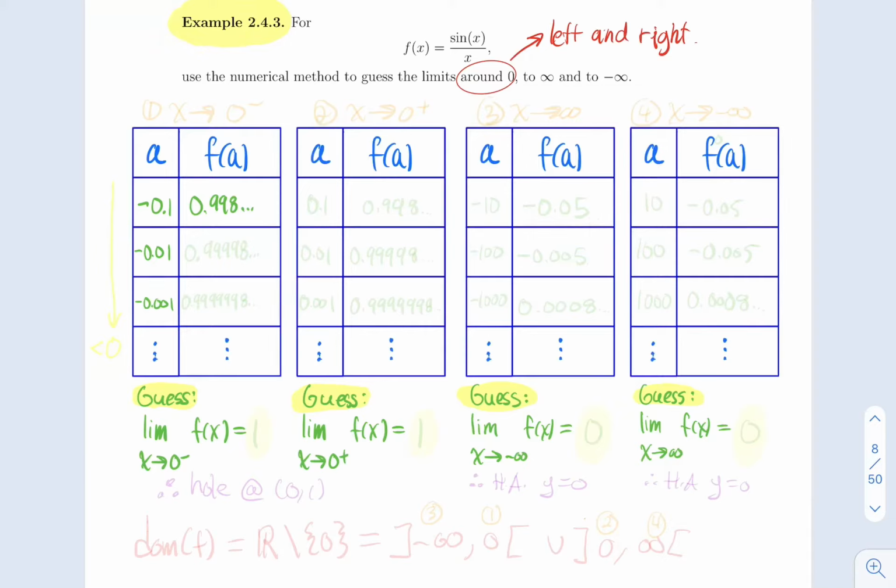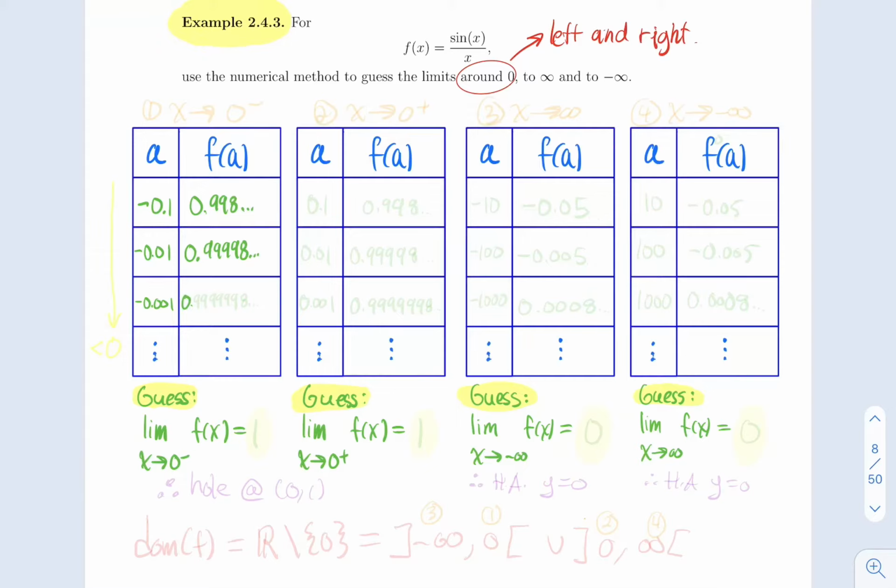The next one, if you replace x by minus 0.01, you're going to get 0.99998, etc. And then if you replace x by minus 0.001, again, make sure you do this on your own using your calculator. Make sure you understand how to compute the outputs here.